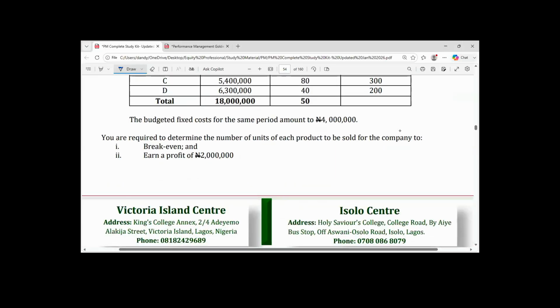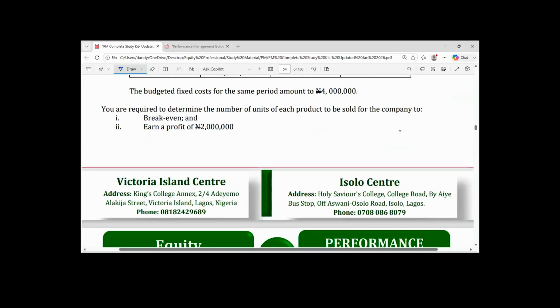The budget fixed cost for the same period amounts to 4 million. You are required to determine the number of units of each product to be sold for the company to: 1. break even, 2. aim at a profit of 2 million.